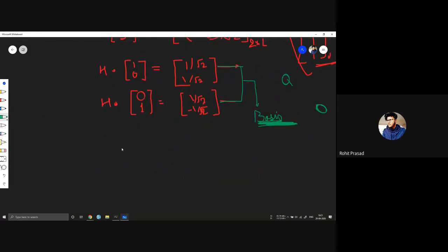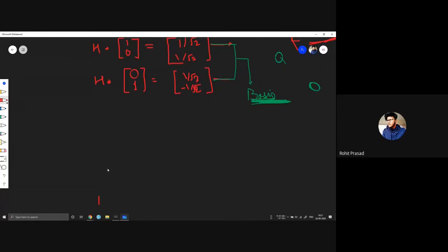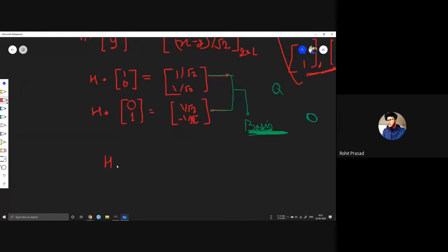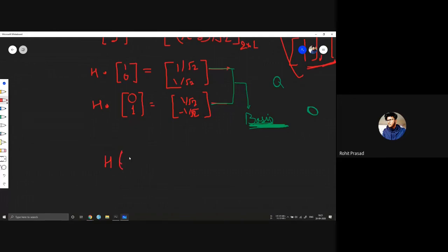So what does this H do? One of the properties of this H is it takes your measurement basis from 0 and 1 to another basis. That's this. Let's call this plus and this minus.